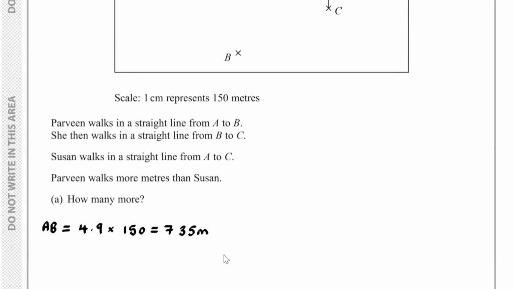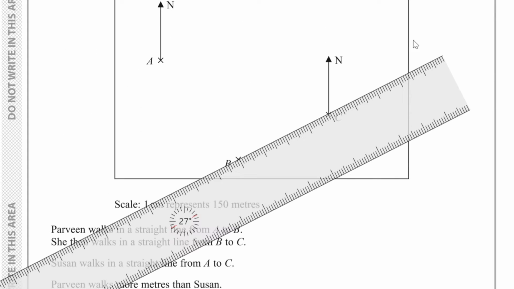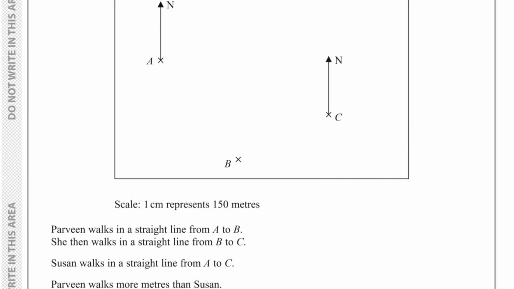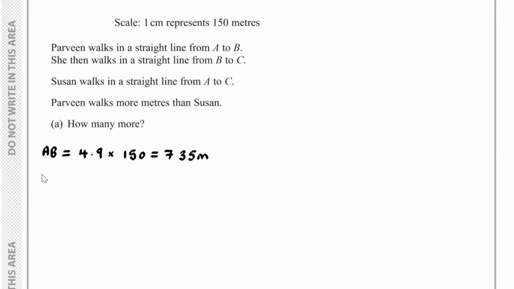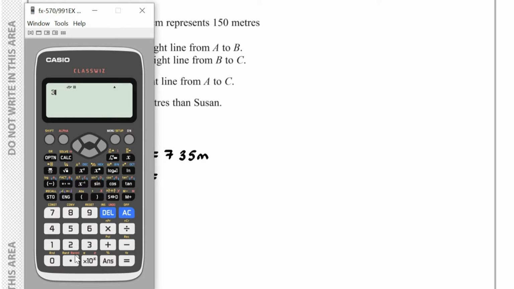Then she walks from B to C. Now that is 3.9 centimeters. So BC is equal to 3.9 times 150. So if we work this out, that's 585 meters.